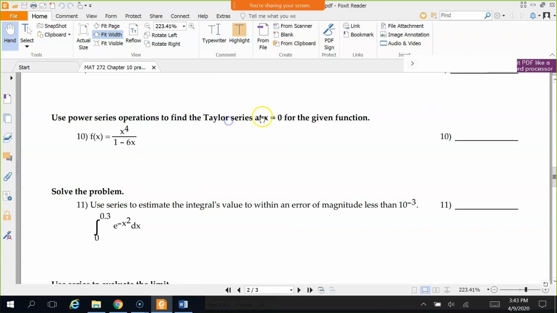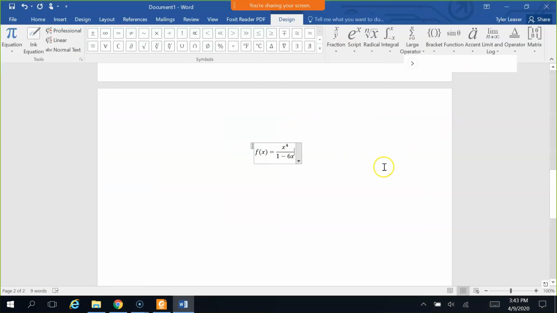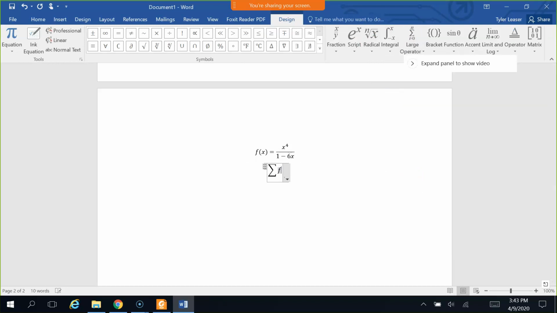Okay, so this just says to find the Taylor series at x equals 0. In other words, we're finding the Maclaurin series again. So just to write out the formula for that, it's the kth derivative at 0 divided by the k factorial, and then that's times x to the k.